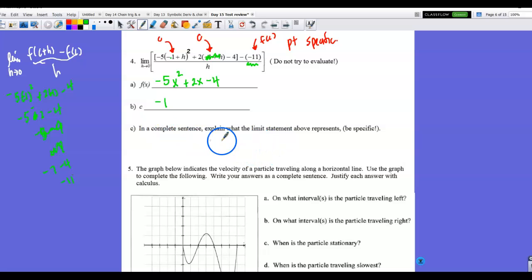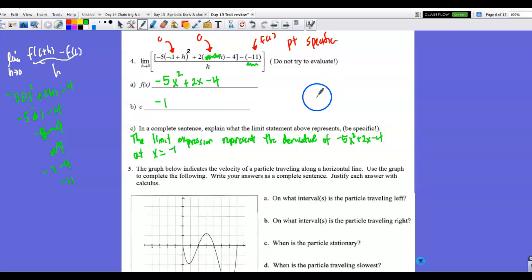So what this expression represents, in a complete sentence: the limit expression represents the derivative, be specific, of -5x squared plus 2x minus 4 at x equals -1. Now I'm going to evaluate that.